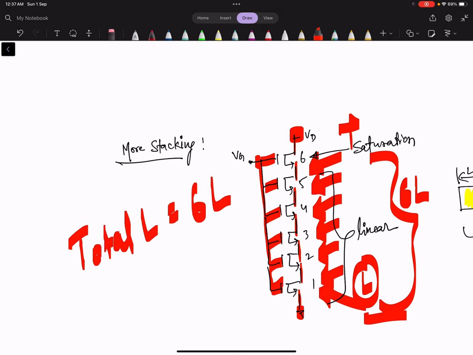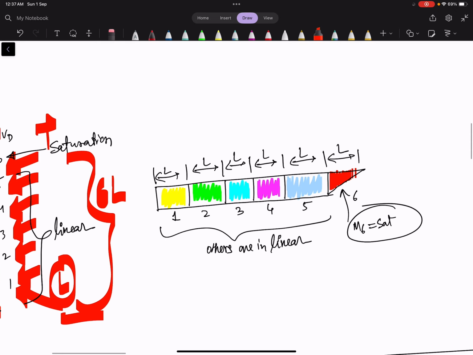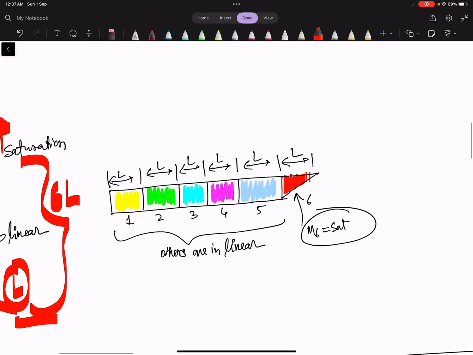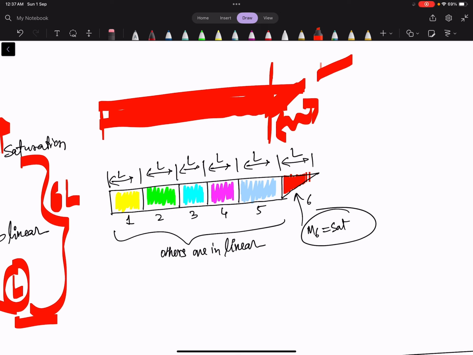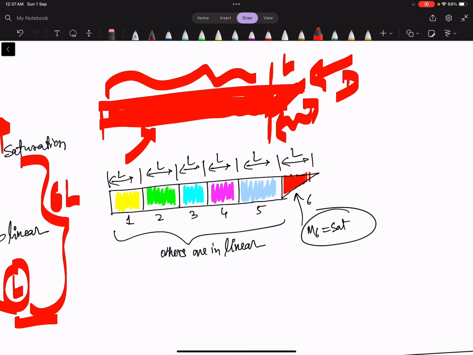From visualizing the MOSFETs in series, we can see something like this, that there is a length L of the MOSFET something like this. So we have separated this, the tapered one, which is closer to the drain, and separated the other one. And we have split this total L in such a way that this last one is L, whatever it is.